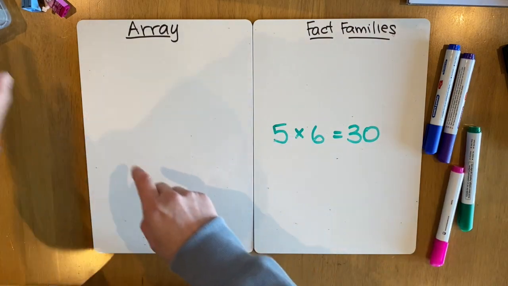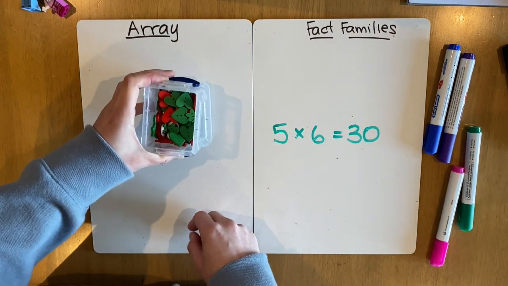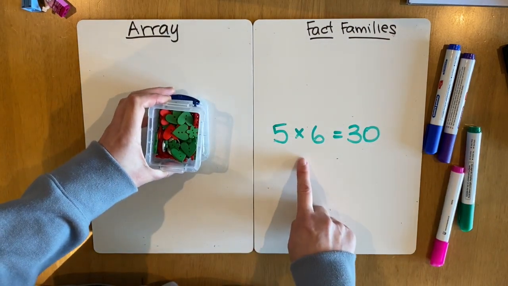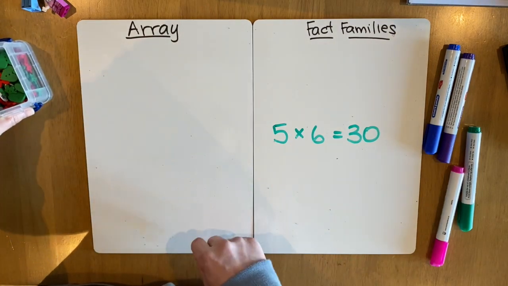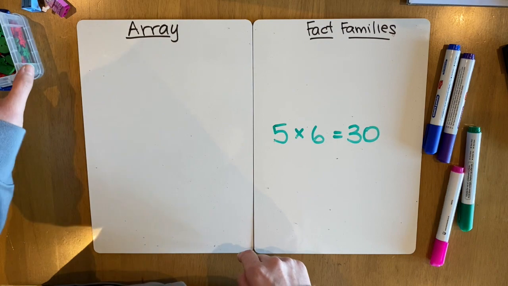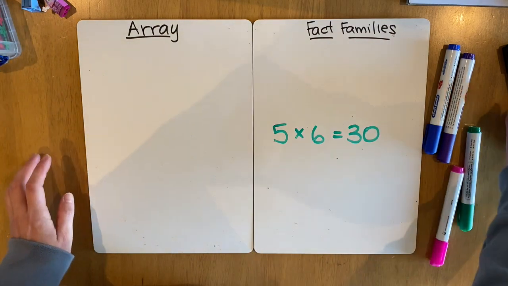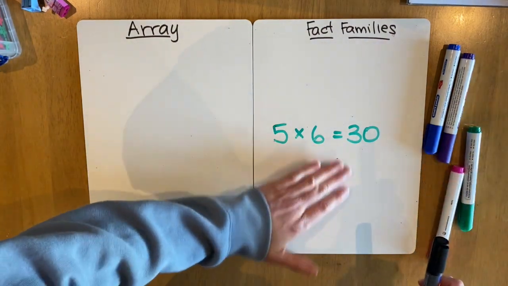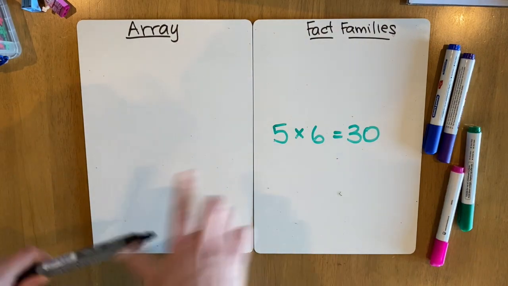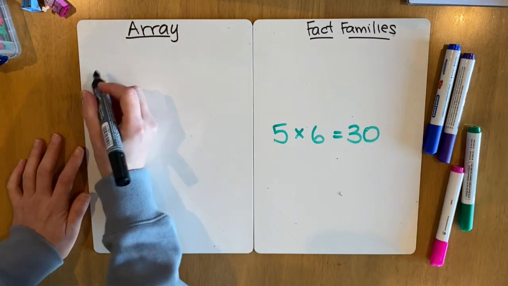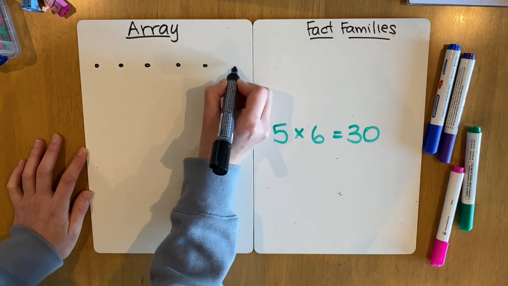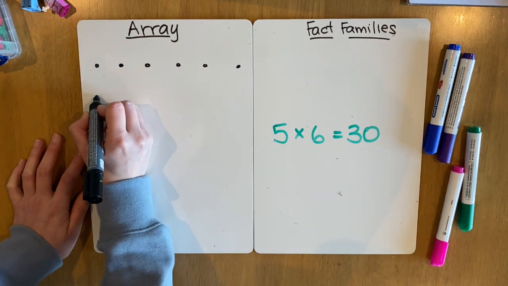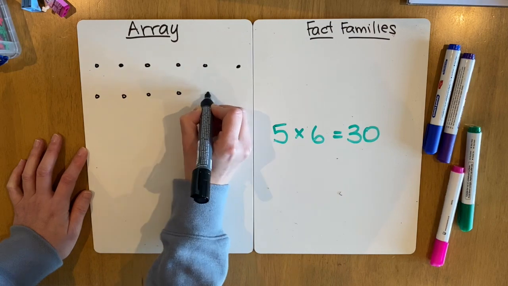So you're going to either make an array right now to represent 5 times 6 is 30, or draw the array. I am going to draw the array, but you can use objects if you like. So 5 groups of 6. 1, 2, 3, 4, 5, 6. 1, 2, 3, 4, 5, 6.